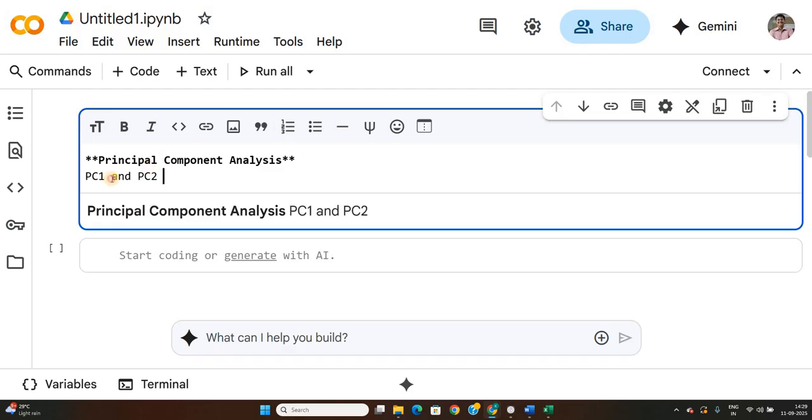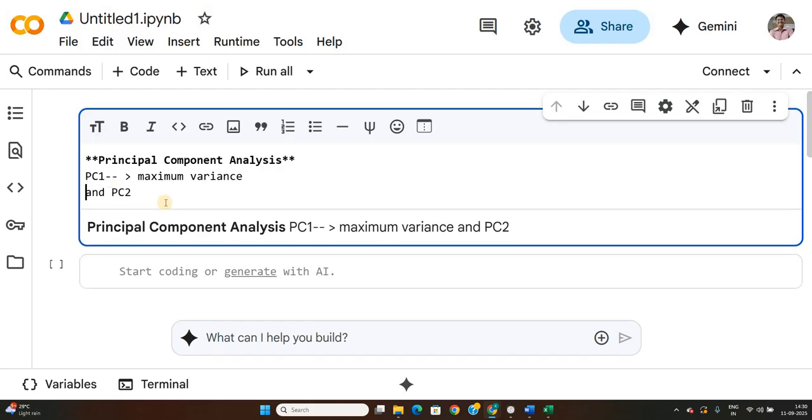Principal component 1 will be indicating the capturing of maximum variance. And PC2 captures the remaining variance.